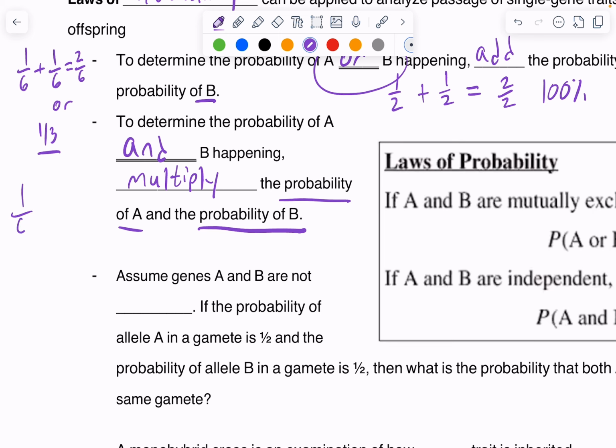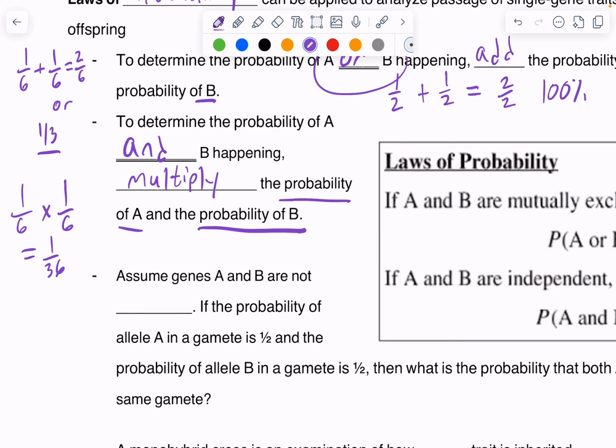It's 1/6 that I roll a 5, and then you have to multiply by the probability of rolling a 6, 1 out of 6 also. So the probability of rolling a 5 and then a 6 should be 1 out of 36, right? It's pretty unlikely that you're going to roll 2 specific numbers back to back.